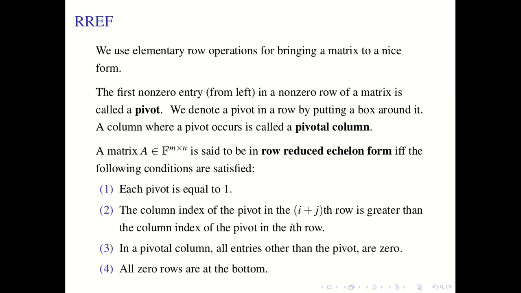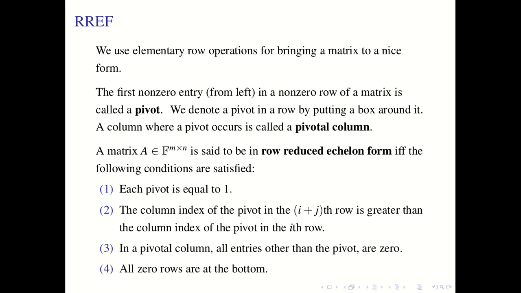And the third operation is replace the given row with the row plus a scalar times another row. That means add a scalar multiple of another row to a given row. So these are the three elementary row operations.